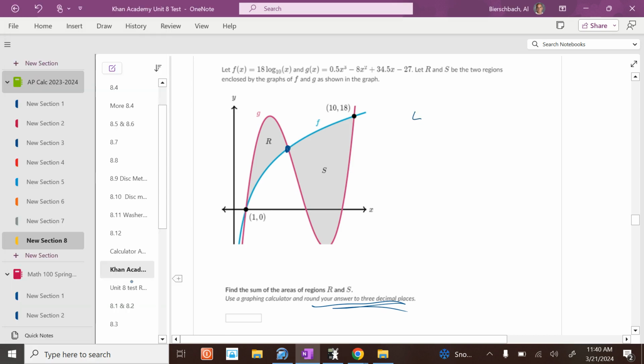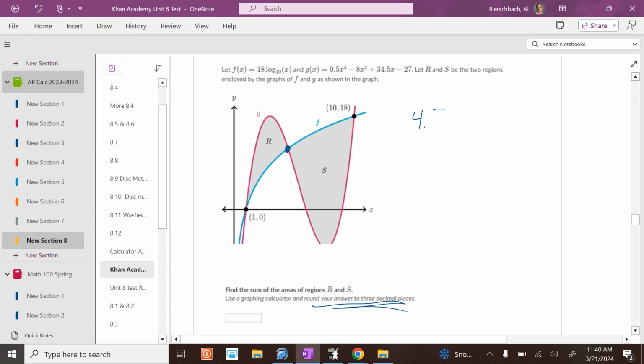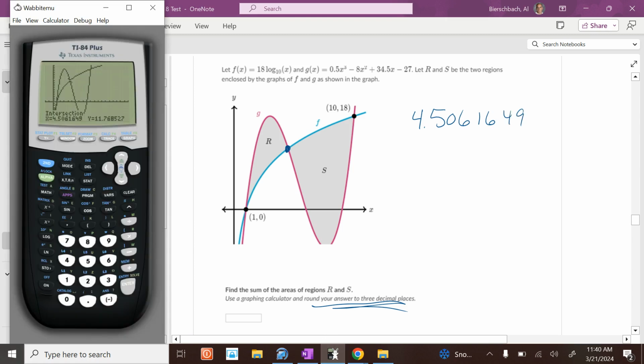So I'm going to go 4.5061649. And I don't need the y value, just the x value. Okay? And what I can do is store that value in for x.